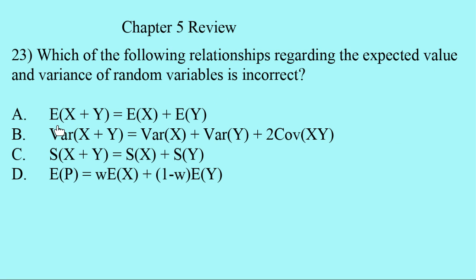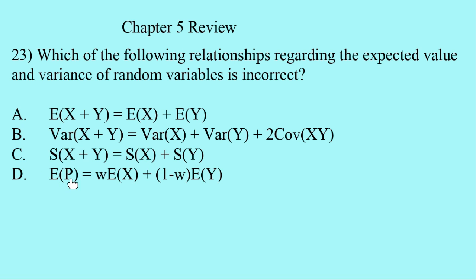All right. Which of the following relationships regarding the expected value and variance of random variables is incorrect? The expected value of x plus y equals the expected value of x plus the expected value of y. The variance of x plus y equals the variance of x plus the variance of y plus two times the covariance of xy. And the variance of x plus y equals the variance of x plus the variance of y.